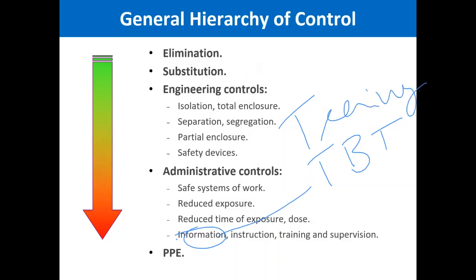This is also an administrative control. So make sure all welders are trained. Supervision, make sure site supervisor is available. You can also assign a fire watch. A fire watch is also an administrative control.